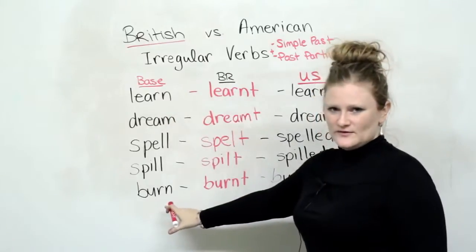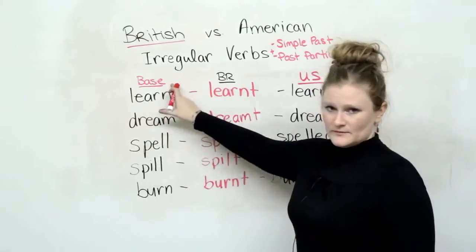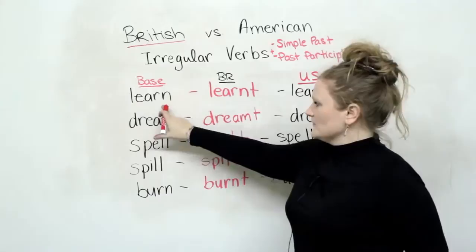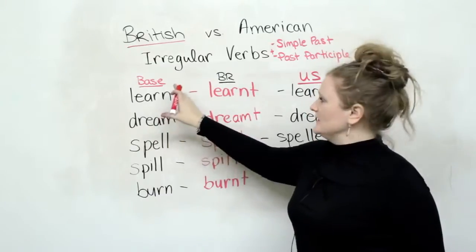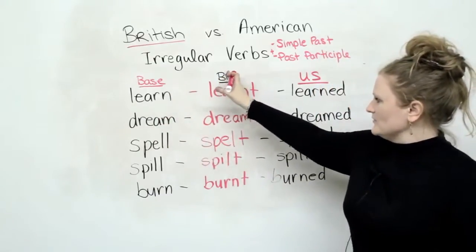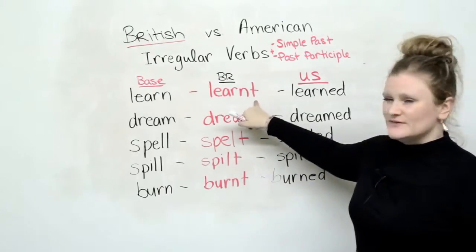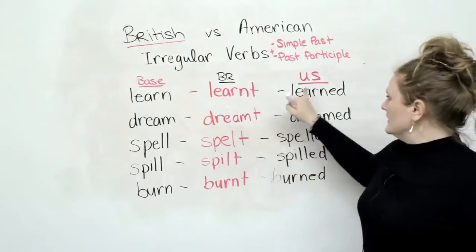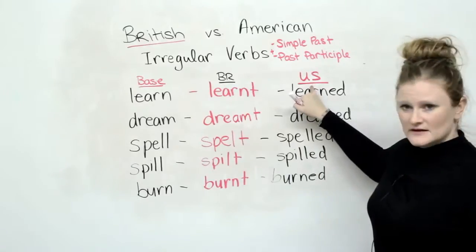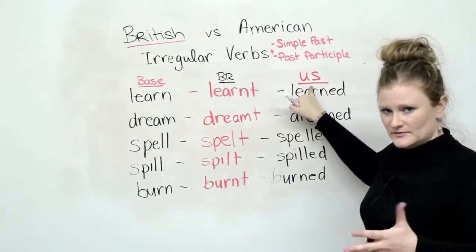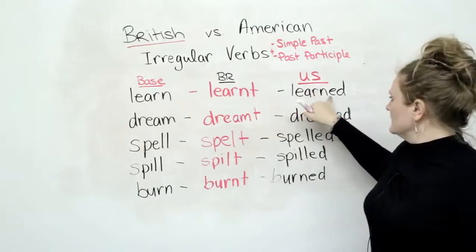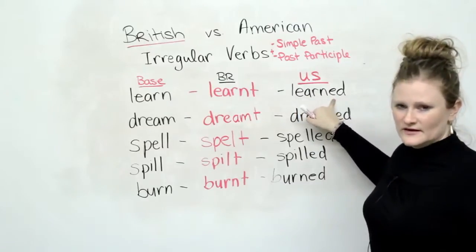All of these words that I've written in black here are base verbs. The first one is learn. In British English, the words in red, we end these with a T sound. And in American English, and I say American English, but sometimes Canadian English, we end them with a D sound.